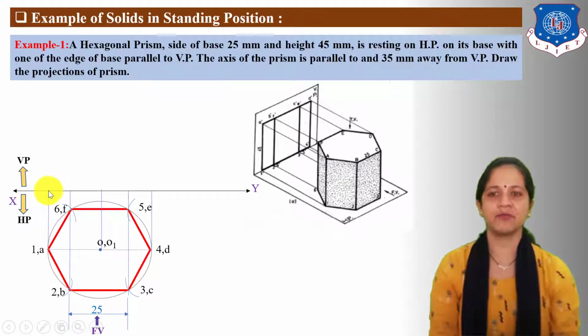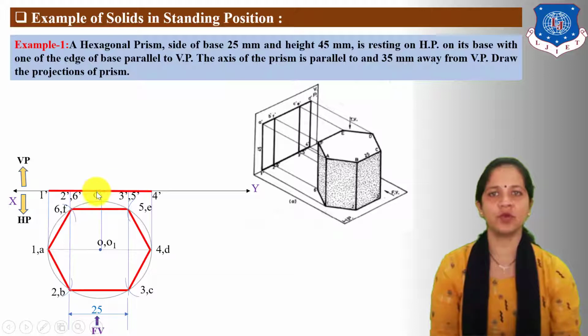Mark the base points as 1 dash, 2 dash, 6 dash, center point O1 dash, 3 dash, 5 dash and 4 dash. Here the base of the hexagonal prism rests on HP, so the base corner points are projected on the XY line. So in the front view, the base is a straight line.